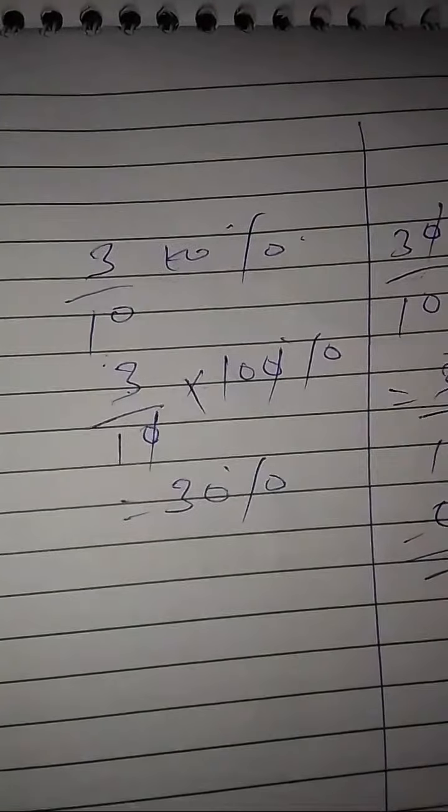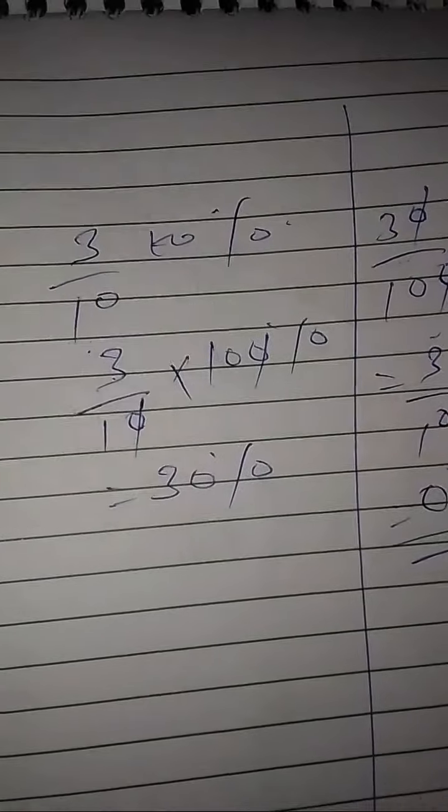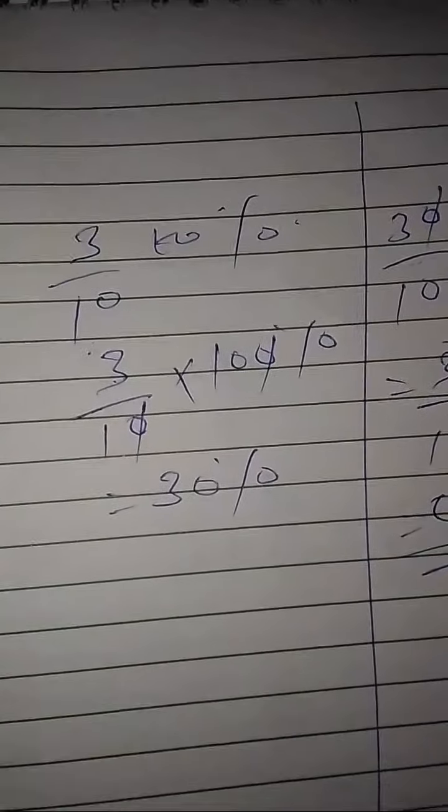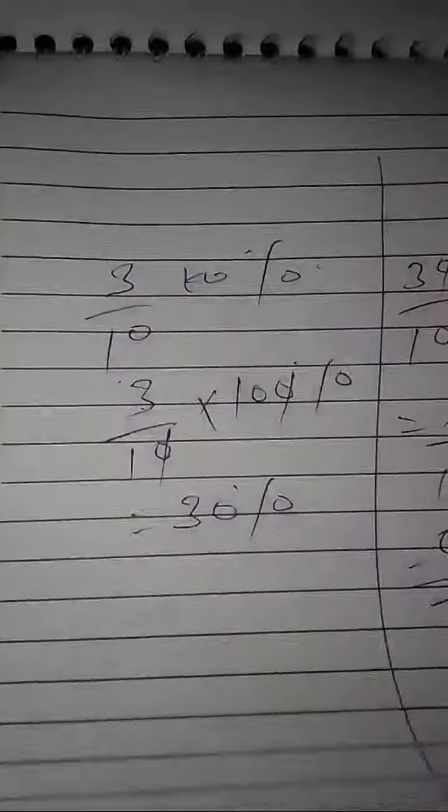Now, if in any case you are marking an exam, or you want to change a figure, let's say a student has scored 25 marks, and the test was out of 40, so 25 out of 40.